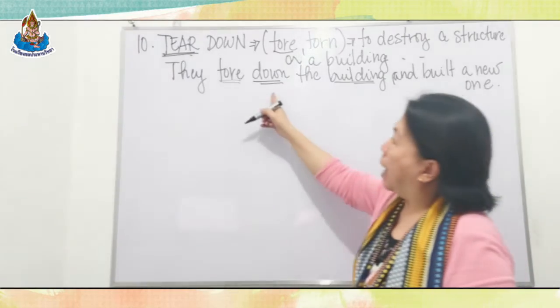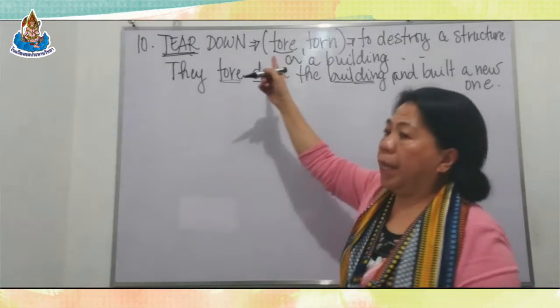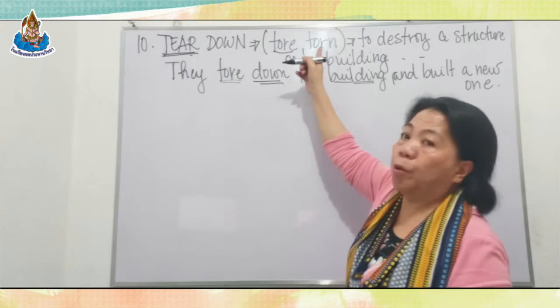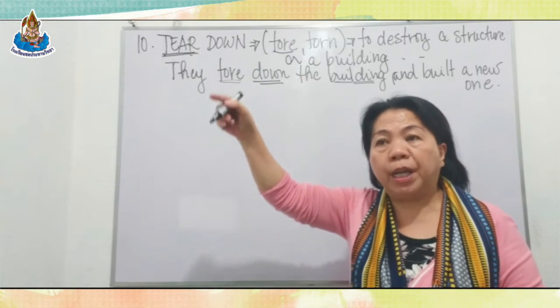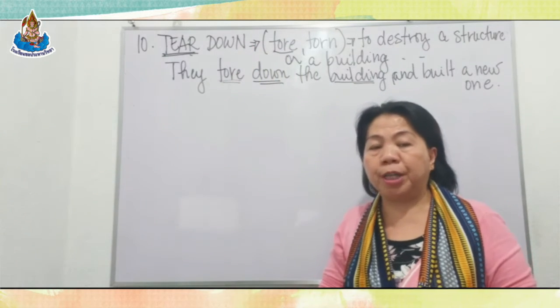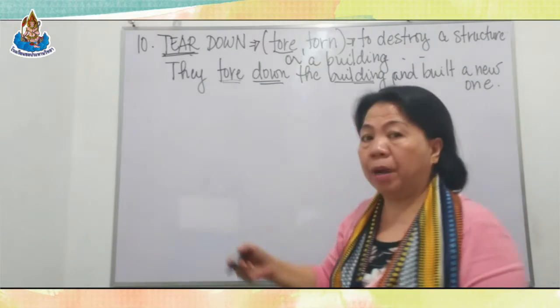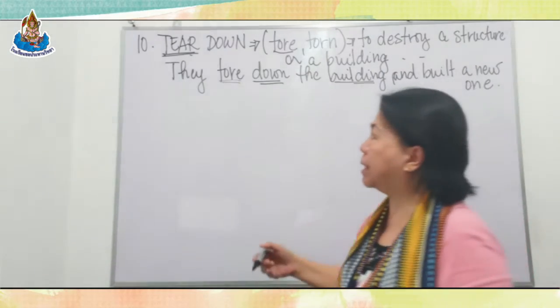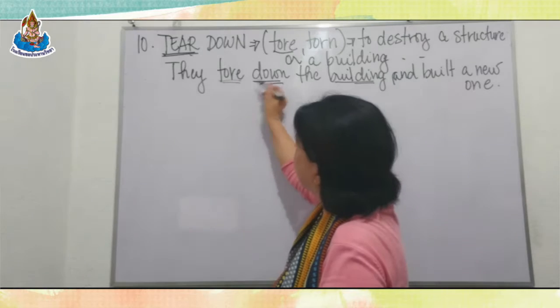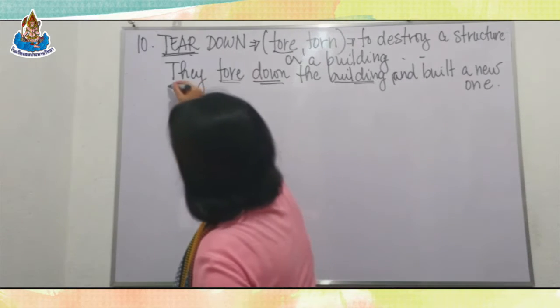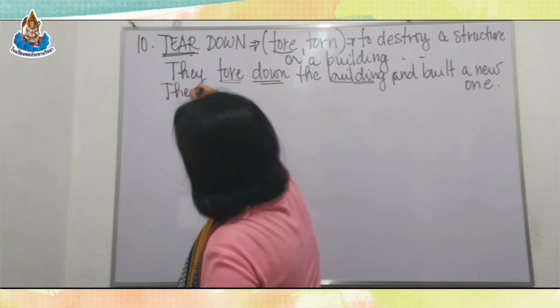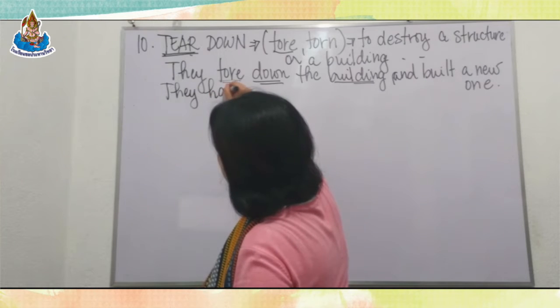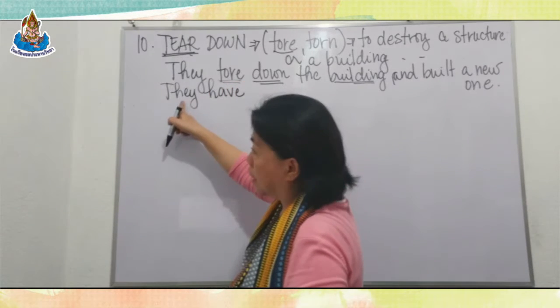Now, at times also we can use the torn, but in here you need already your helping verb, which is have. Okay, because we are in, say for example, the present perfect. Let's try to use this in the present perfect tense. So we can also have they come in with our have, because this is plural.